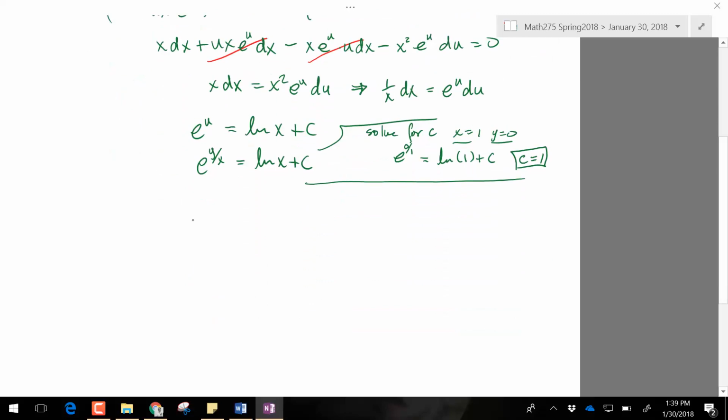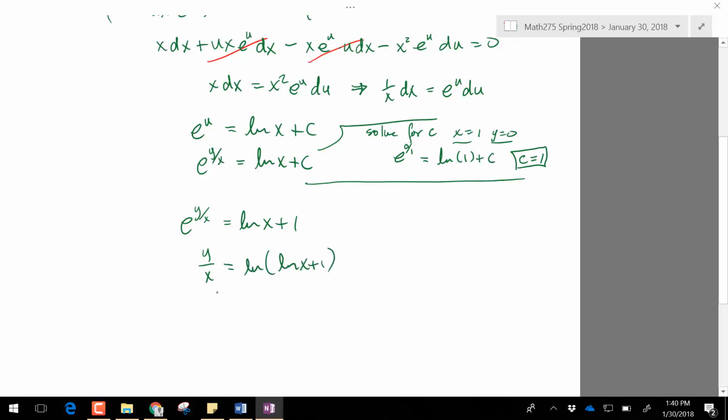So we have e to the y over x is equal to ln x plus 1. And then we can continue to solve for y. Take the ln of both sides. You know what happens when you take the ln of both sides. And then multiply by x, I guess, right?